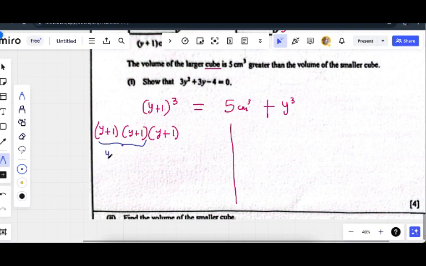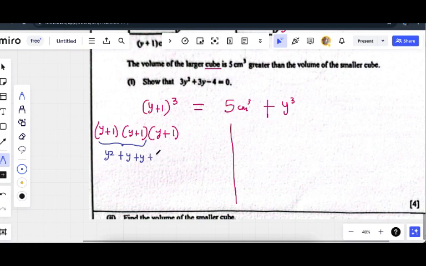Y times y becomes y squared. Then y times 1 is y, so I write plus y here. Then I take this plus 1: 1 times y is another y. Then 1 multiplied by 1, I get plus 1.